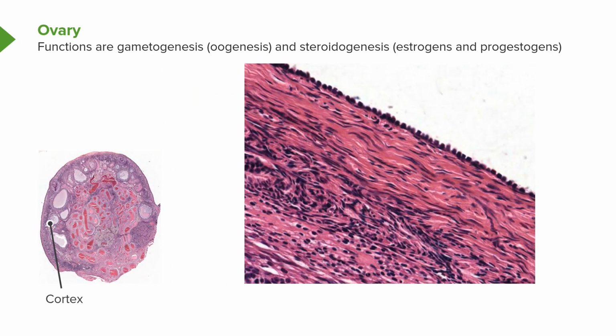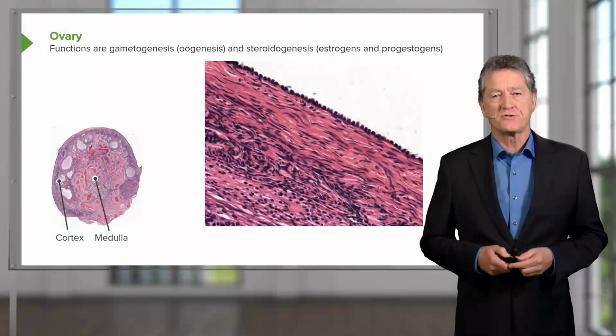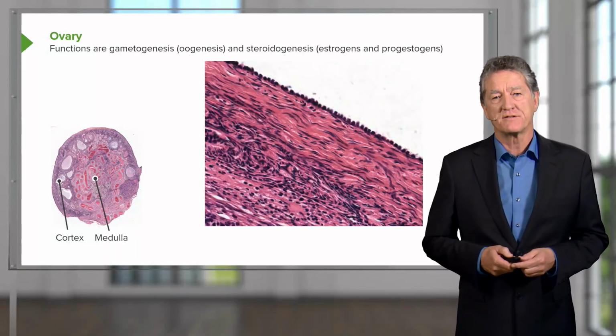Again, on the left-hand side is our section of the ovary, showing you the cortex and the medulla. For the remainder of this lecture, I'm going to concentrate only on the cortex, because that's where all the follicular growth occurs throughout the ovarian cycle.